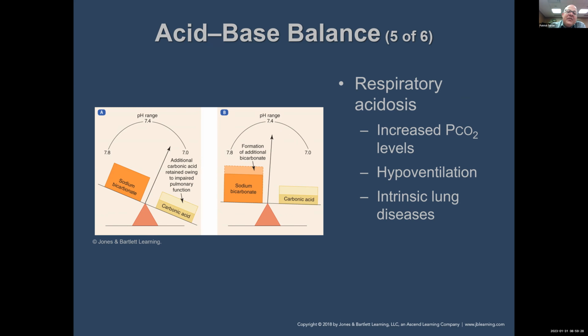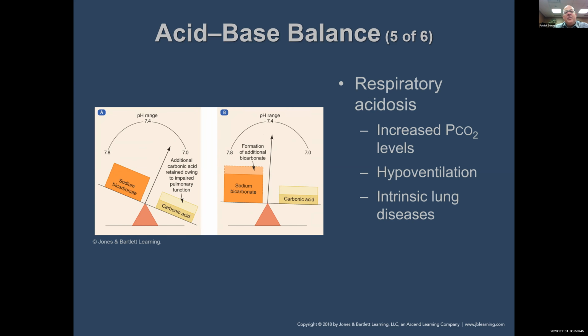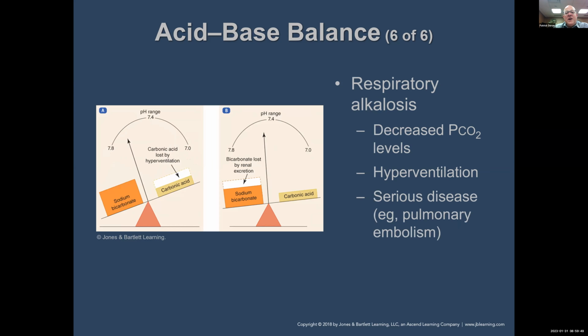So in respiratory acidosis, we could have lung disease, or we could have hypoventilation or cardiac arrest, right, etc. So metabolic acidosis is caused by a disease process, sepsis, or DKA. Respiratory acidosis is caused by the retention of CO2.